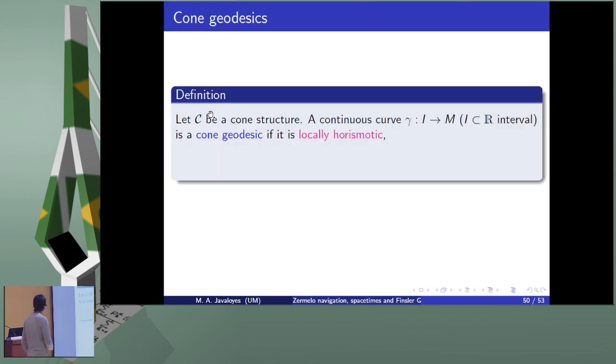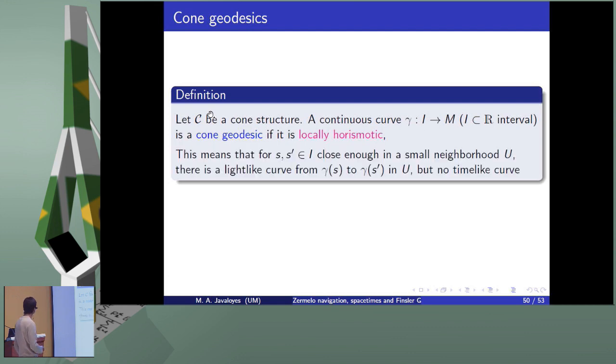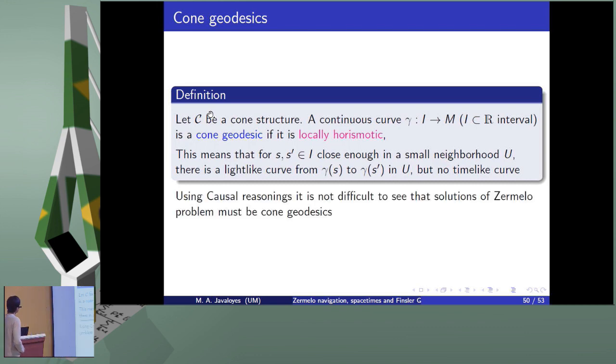And the minimizers of this are cone geodesics, because these are curves such that if you take two points close enough, there is no other causal curve between those two points.